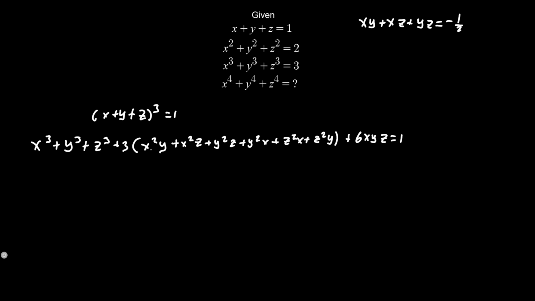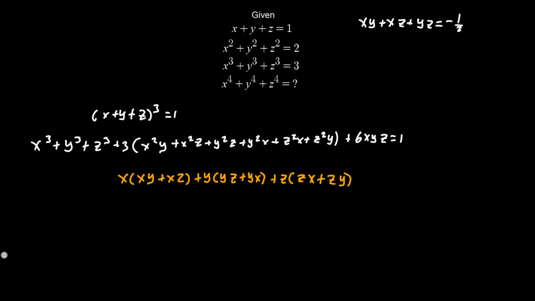So let's focus on just the parentheses first. We factor an x from the terms: x(xy + xz), then plus y(yz + yx), and then plus z(zx + zy).